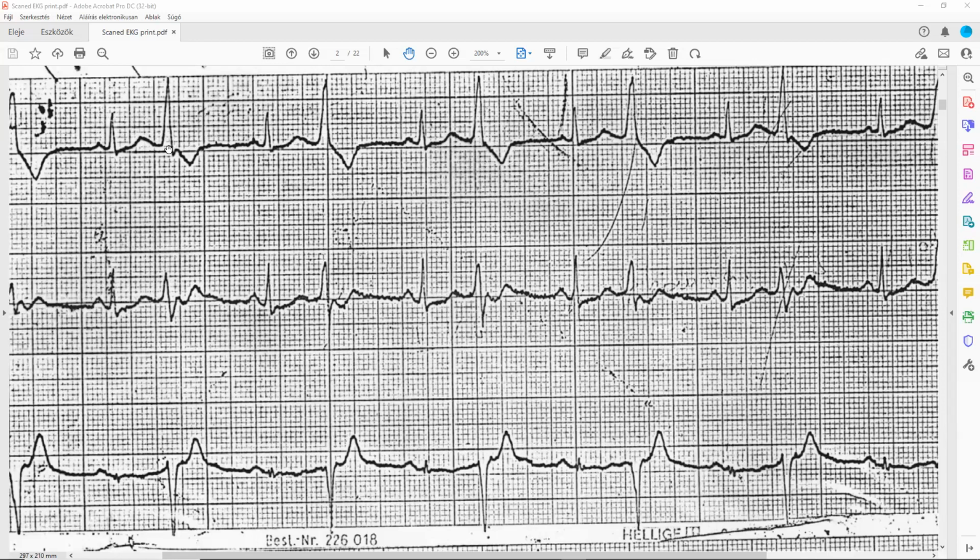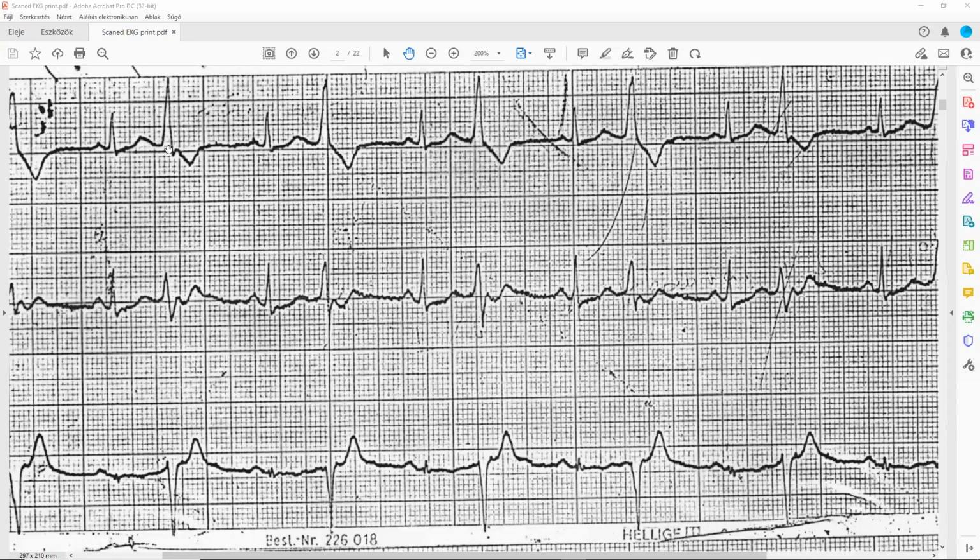So it's not a normal impulse formation, meaning that this is an early coming beat. How do you call an early coming beat? Premature. Yes. And what is the origin of this premature beat? The atrial?